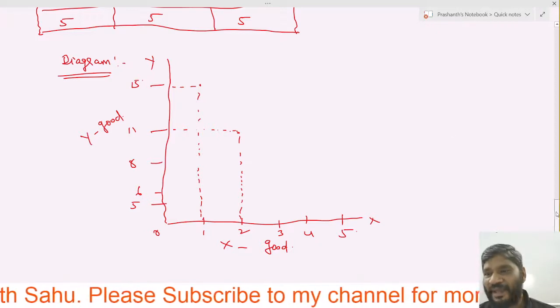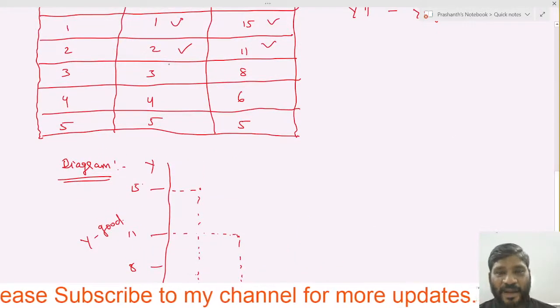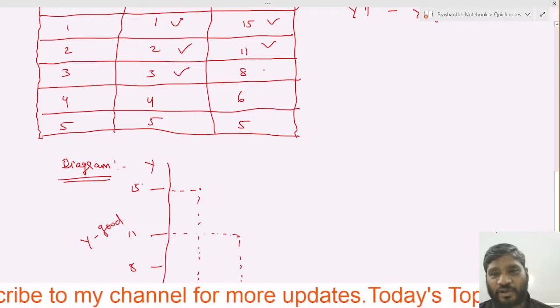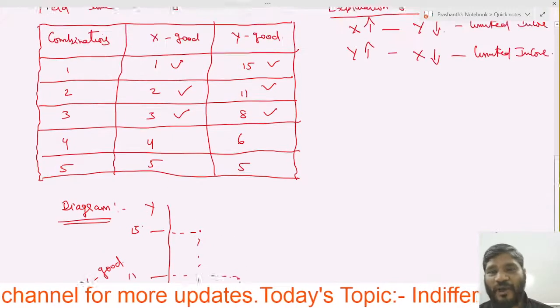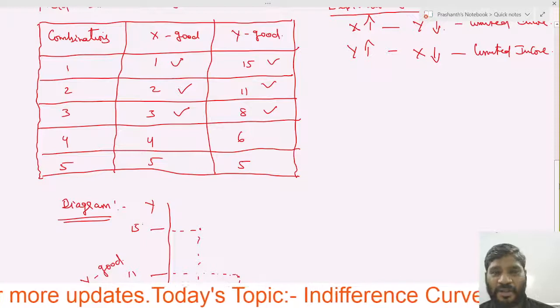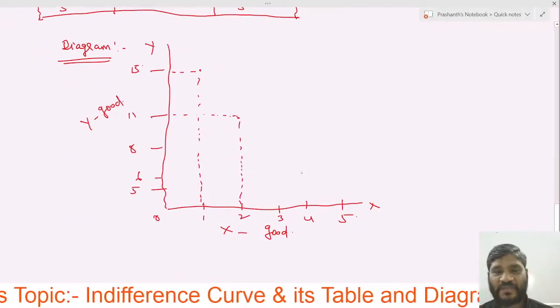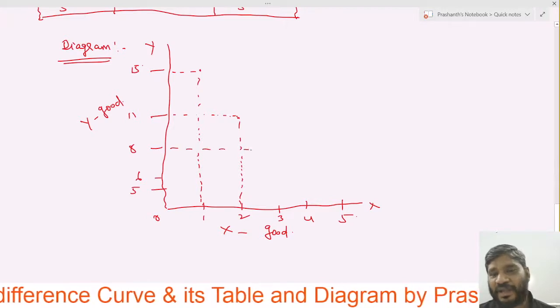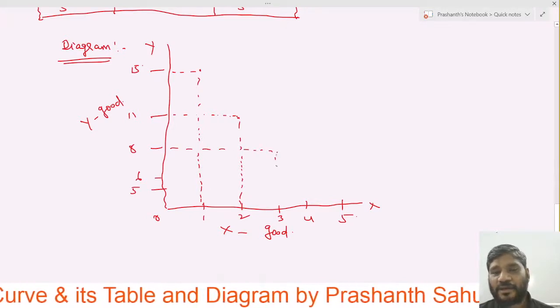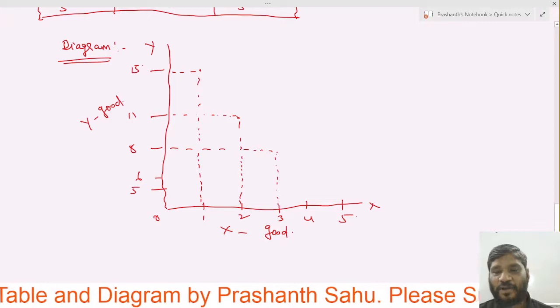Finish. Now we will take the 3. Right. 3 units of X good and 8 units of Y good. Can you see that? 3 units of X good, 8 units of Y good. Let me draw that. So here I have taken this kind of dots.